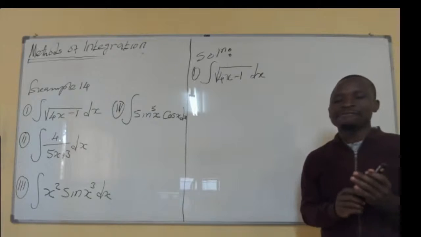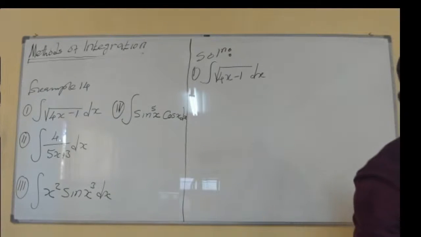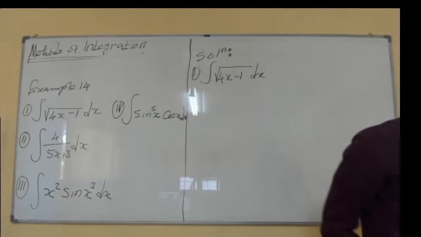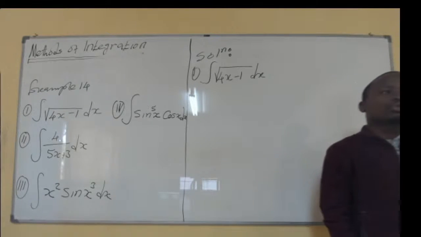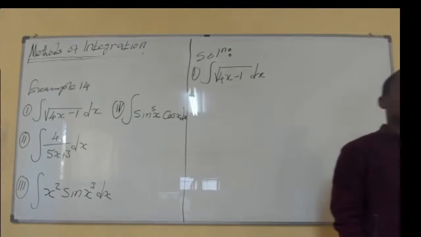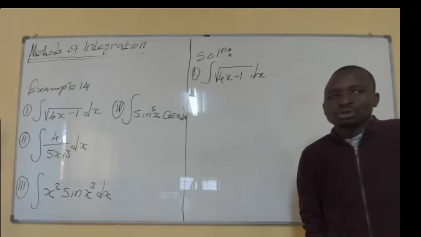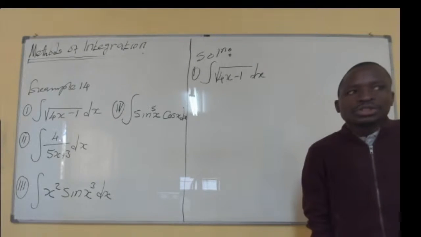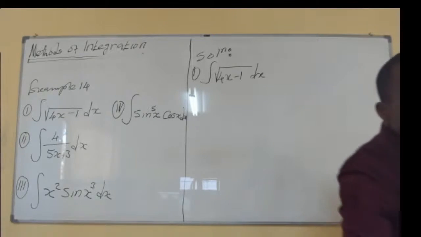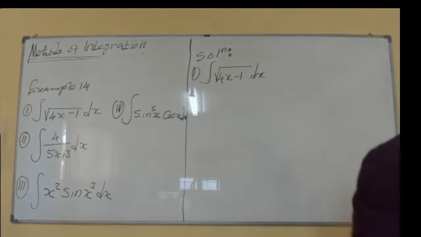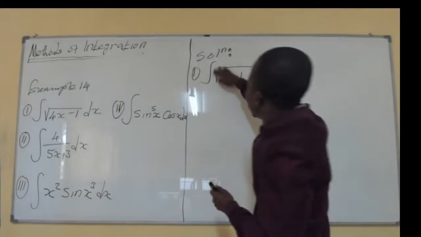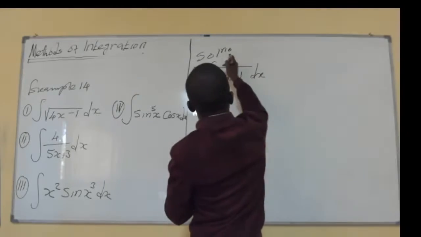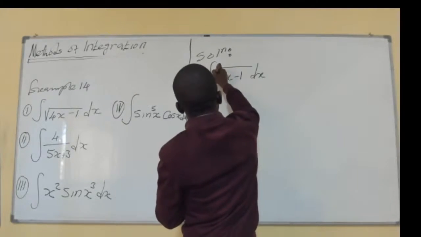Now, let's look at this question. If you have opened your notes, please let's go back to the procedure. The procedure says, substitute u equal to g of x. So in this question, which one is our g of x?